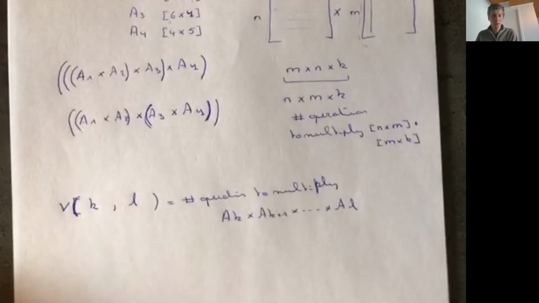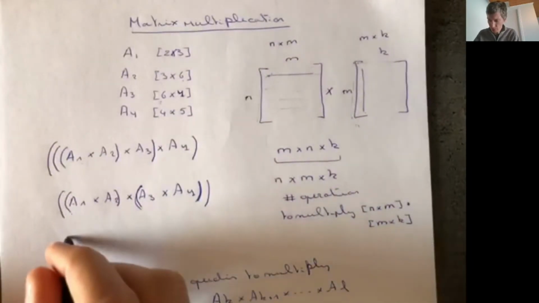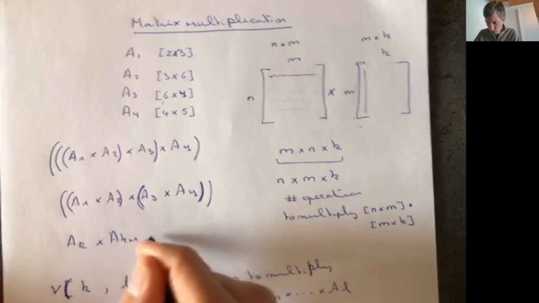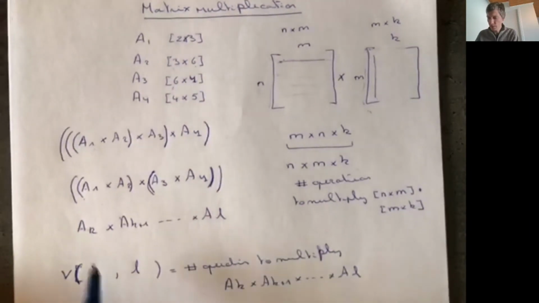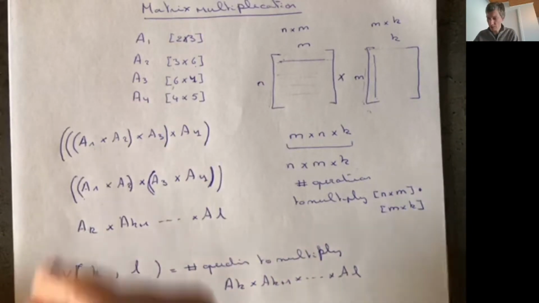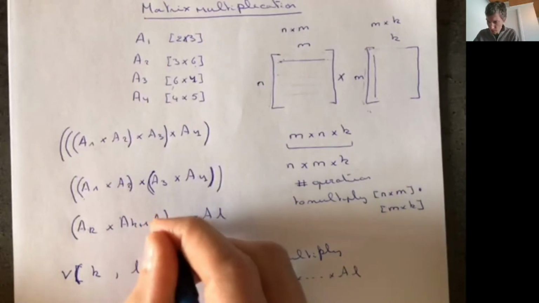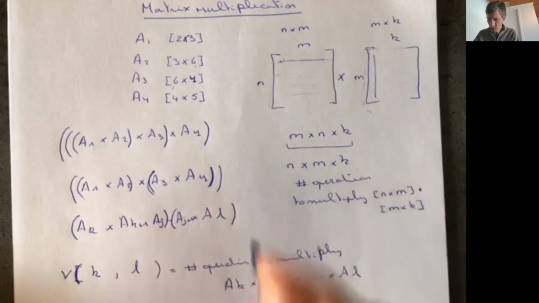You would like to write this in terms of a subproblem, as usual. The subproblem is obvious, right? If you have matrix AK until AL, then we can split this up into 2 sub brackets, for example from AK to AJ, and then from matrix AJ plus 1 until AL.